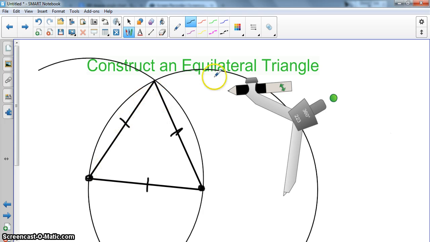Or, an equilateral triangle. Now, we also know that in an equilateral triangle all these angles are going to be the same, right? We'll prove in class that if you add up the three angles in any triangle, no matter what the triangle looks like, their sum is always going to equal 180 degrees.